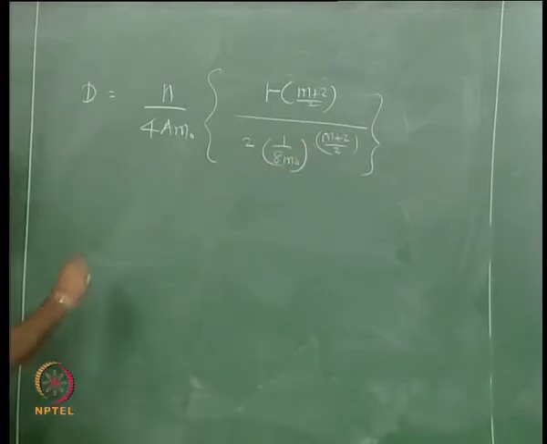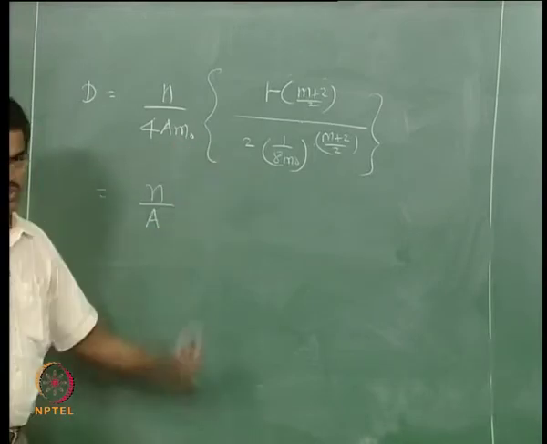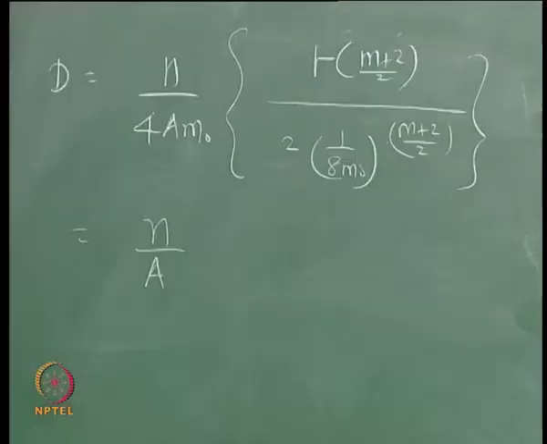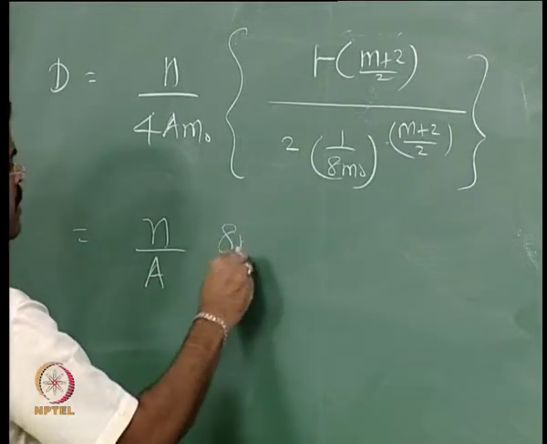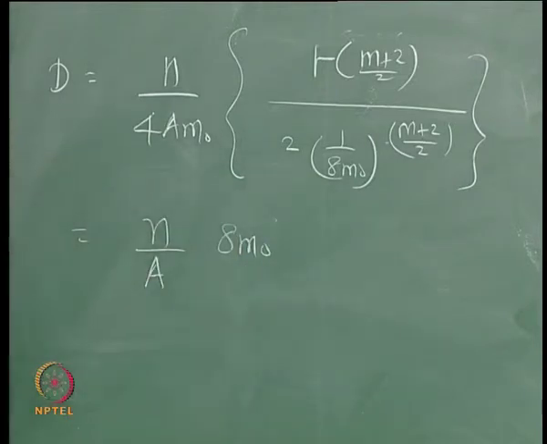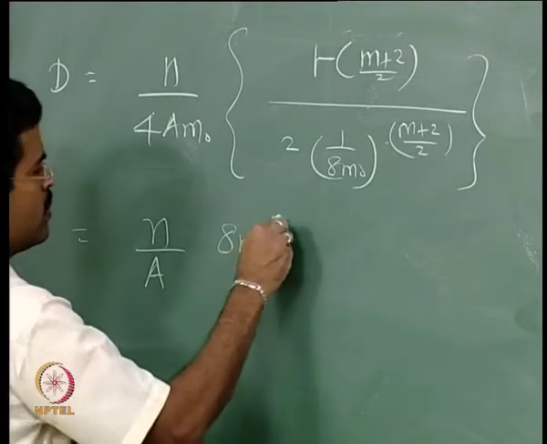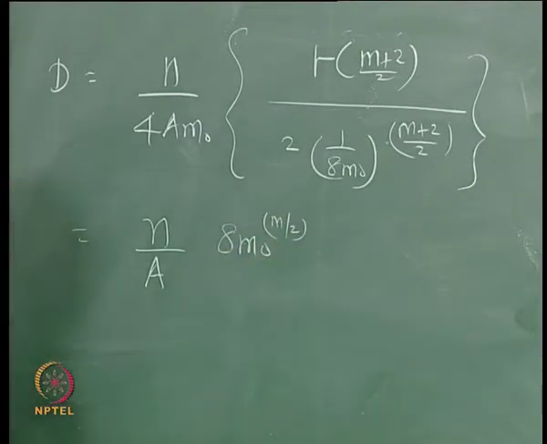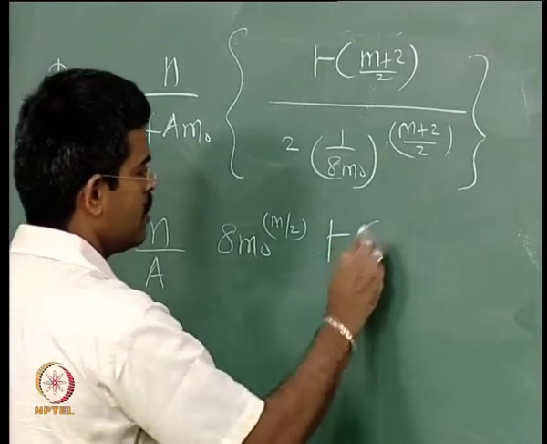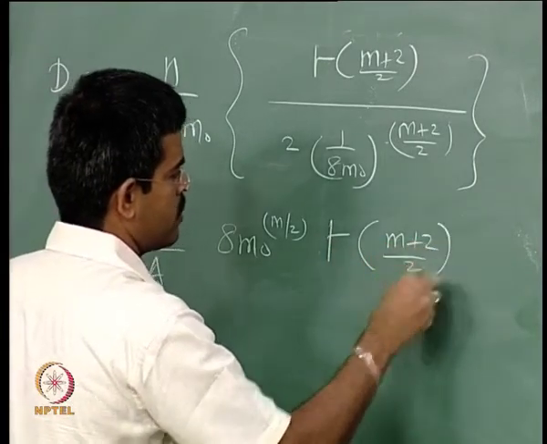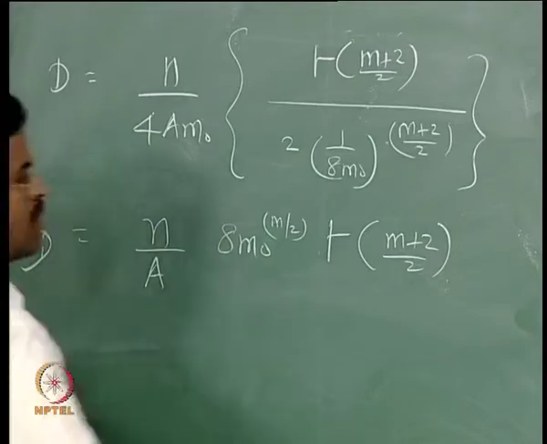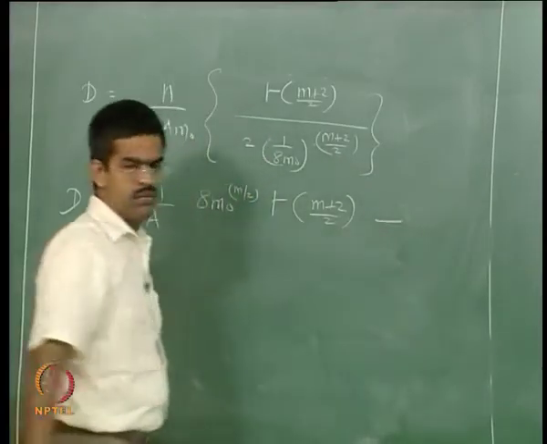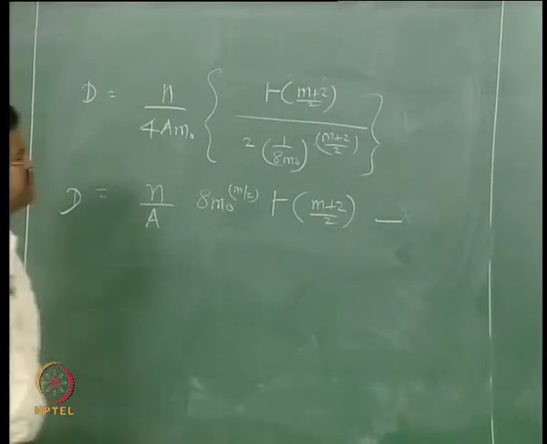Simplifying them, I can say n by a, because this 4 and this 4 go away. I will get 8 m naught to the power of m by 2 of gamma function of m plus 2 by 2. That is my total damage. This is equation number 5.